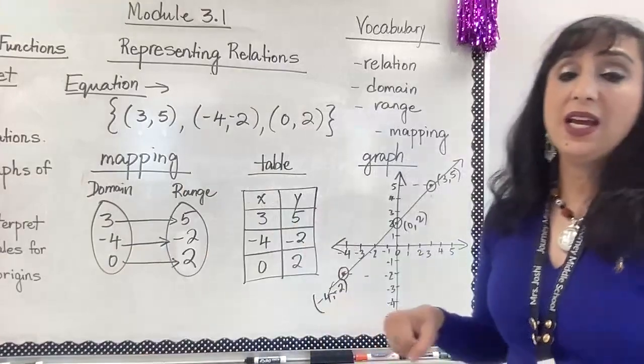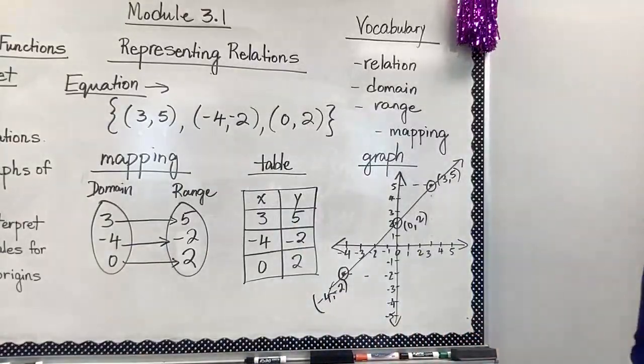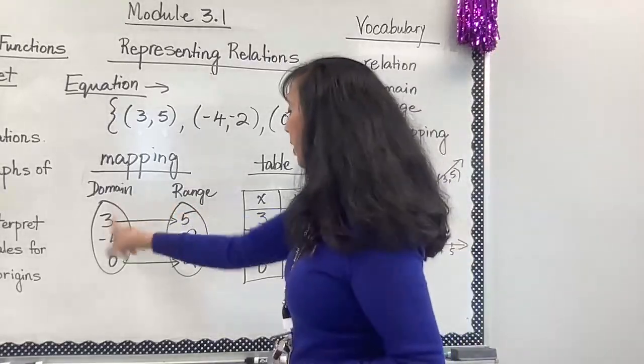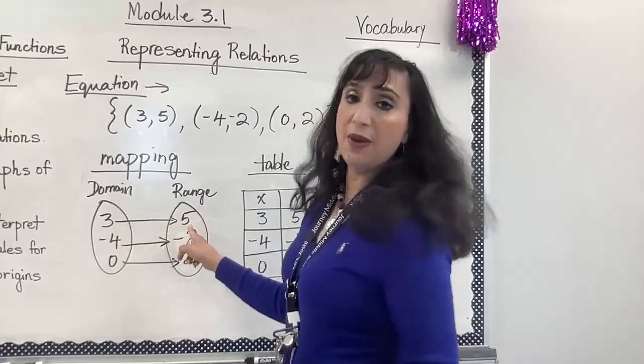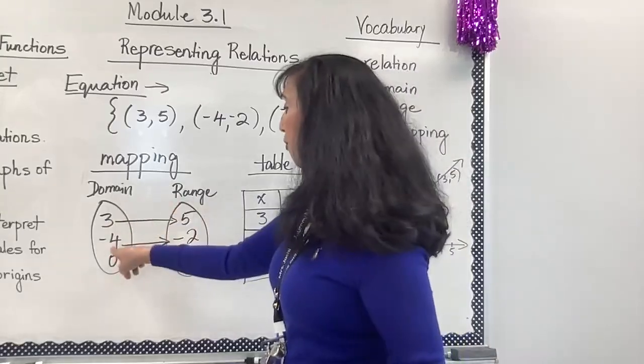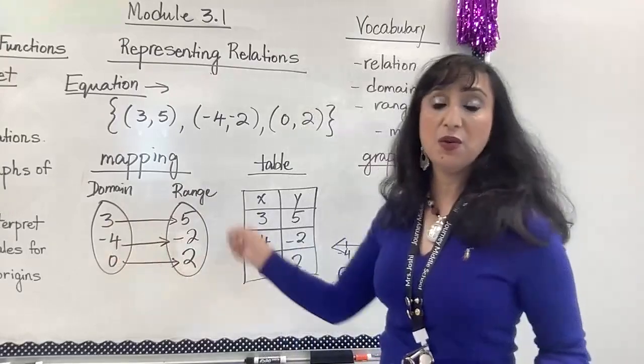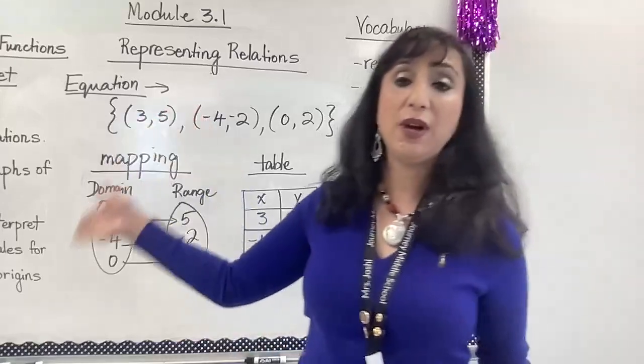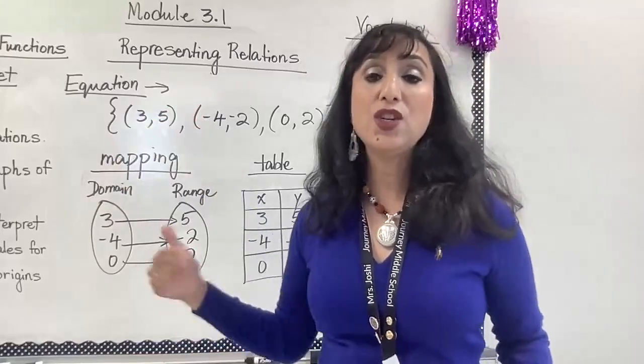So what do we need to do to x so that we can get y, because y is depending on that? If I look at this, I know that 3 plus 2 gives me 5, -4 plus 2 gives me -2, 0 plus 2 gives me 2. So whatever x is, I am adding 2 to get the other.